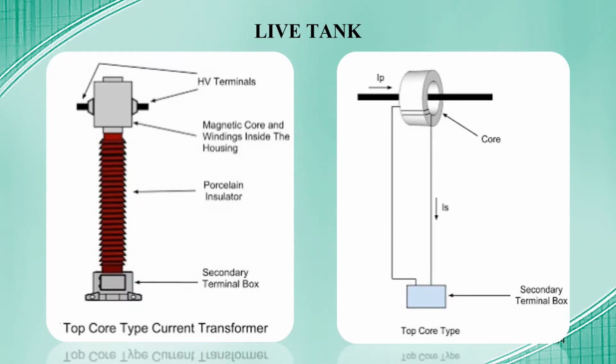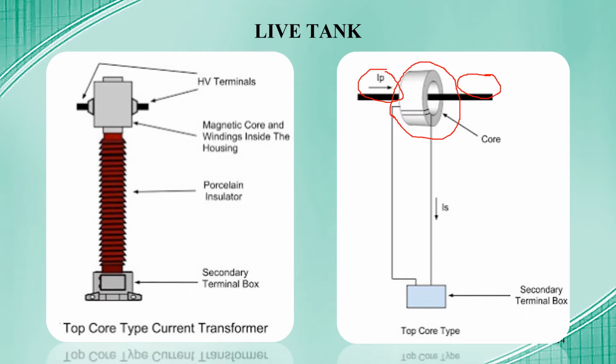Now comes the other type of CT, which is the live tank CT. As shown on the right side of the figure, the core is on the top of the CT, so it's also called the top core type CT. Again, you are required to understand a few things here: the primary current at this end and the primary current at this end will be the same.